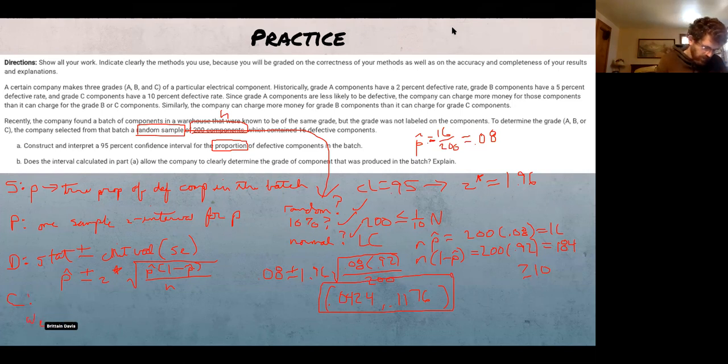So we are 95% confident that the interval from 0.0424 to 0.17176 captures the true proportion of, and now we need to put our context, of defective components in the batch.